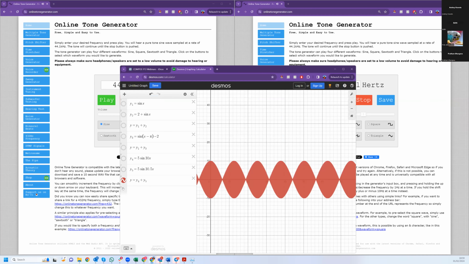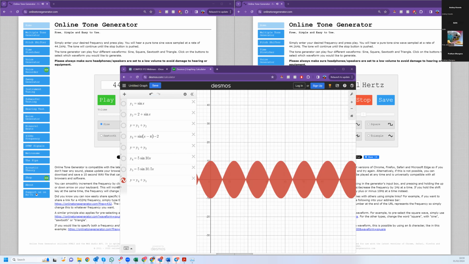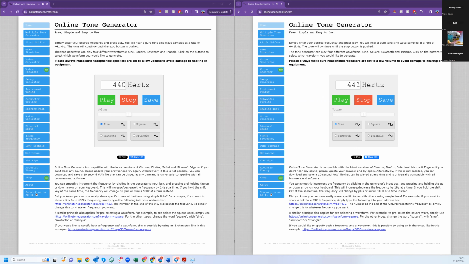440, 441, but together they sound like this. And if you change the frequency, you can increase the frequency. So the frequency of the beat is the difference in the frequencies.